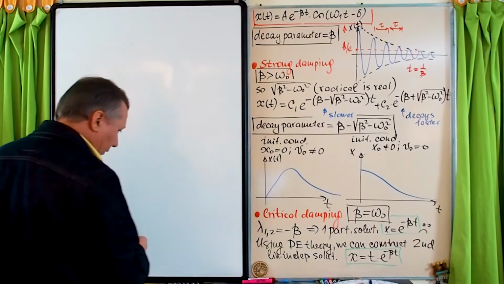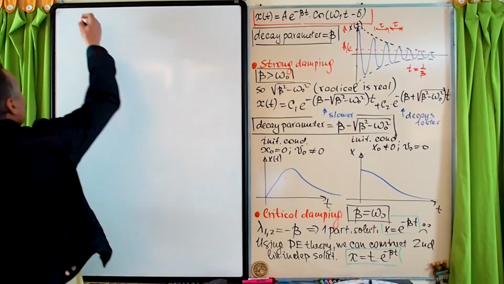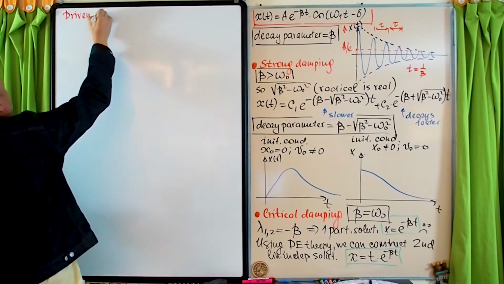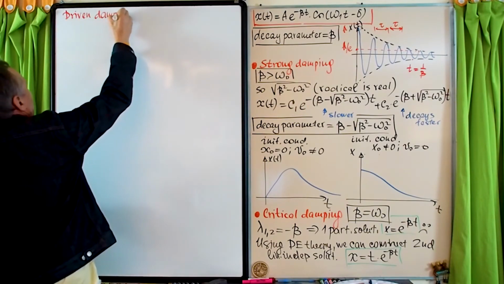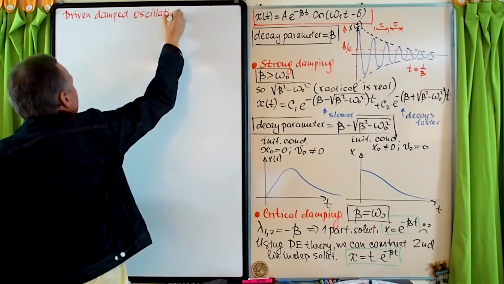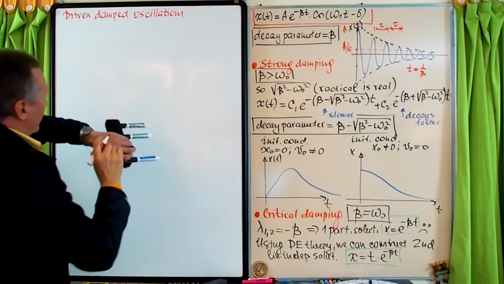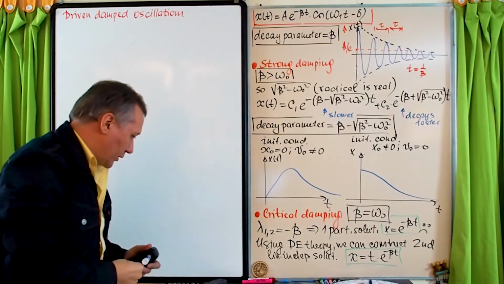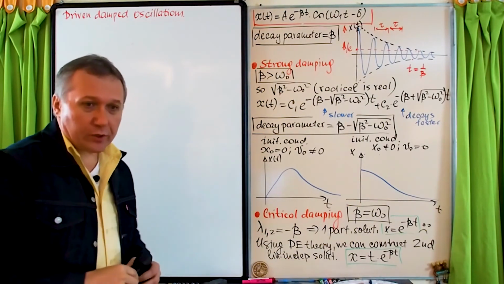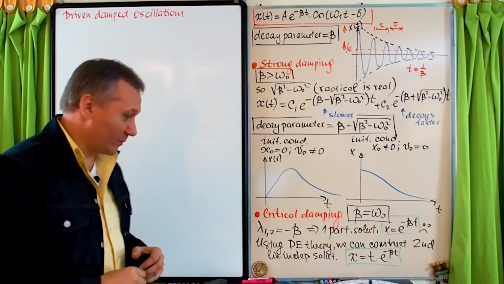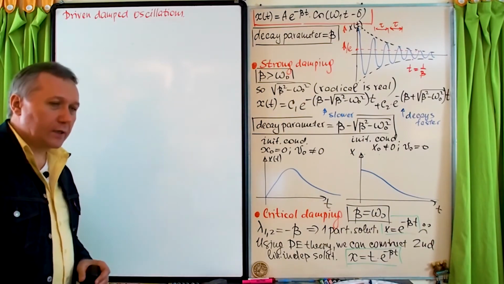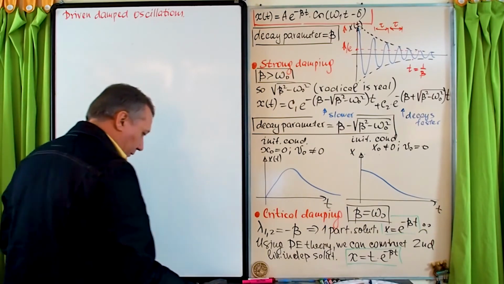So now, driven damped oscillations. Okay, so we will be able to probably write down the equation and solve it. Let's assume that the system is exposed to some driving force. So now we have three forces: restoring, damping, and driving force.